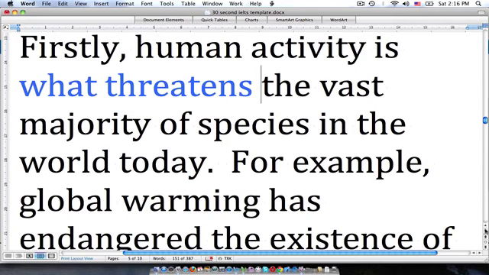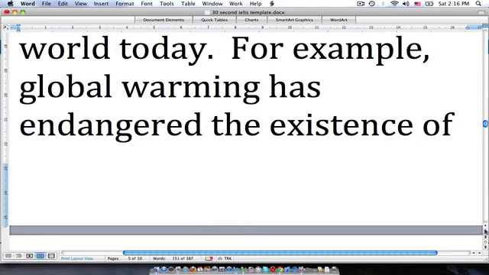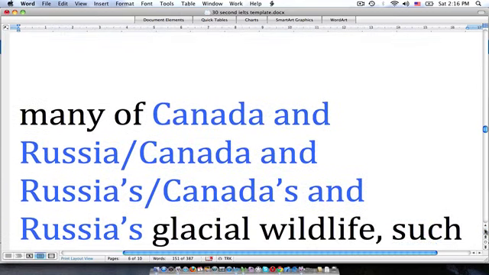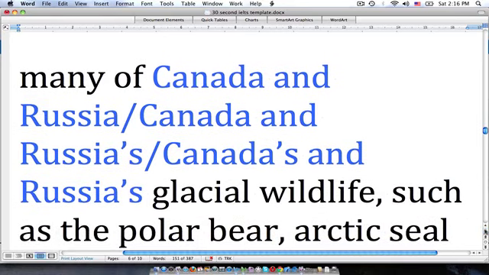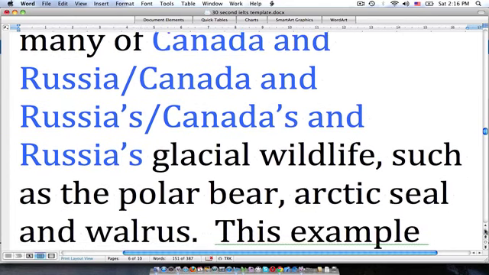For example, global warming has endangered the existence of many of Canada's and Russia's glacial wildlife, such as the polar bear, Arctic seal, and walrus.